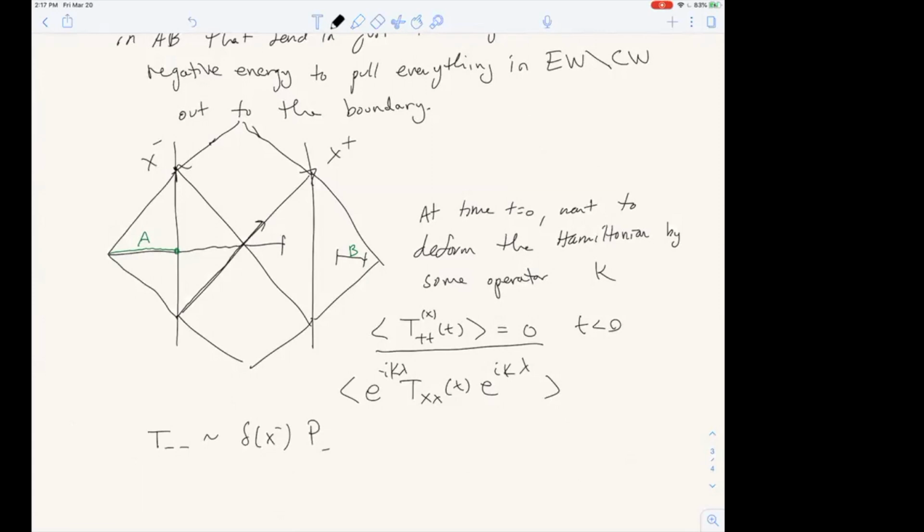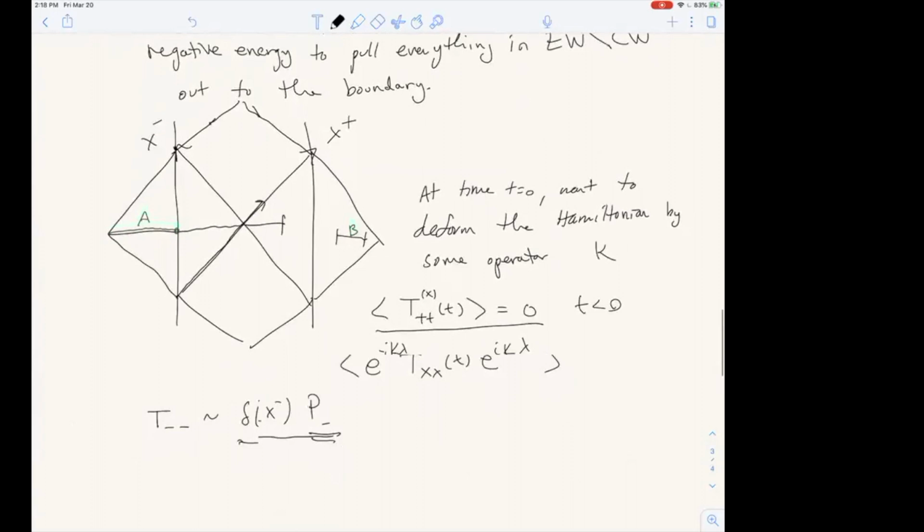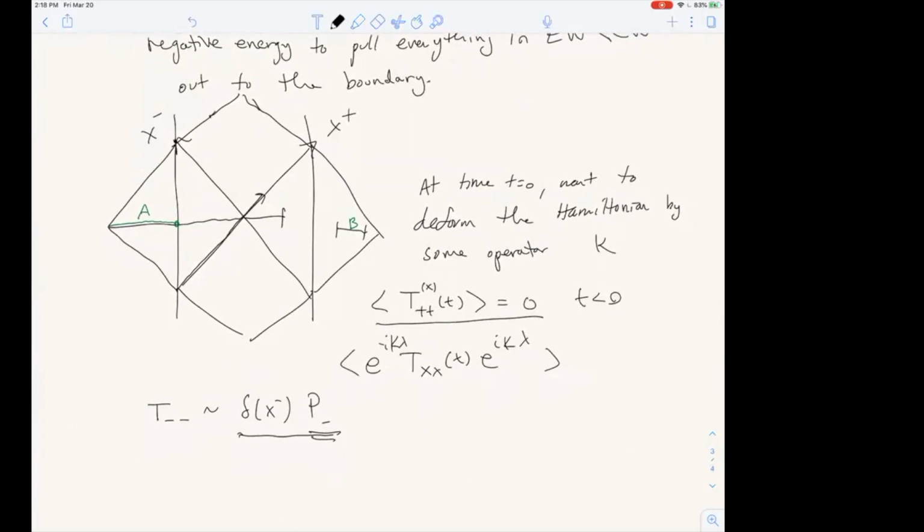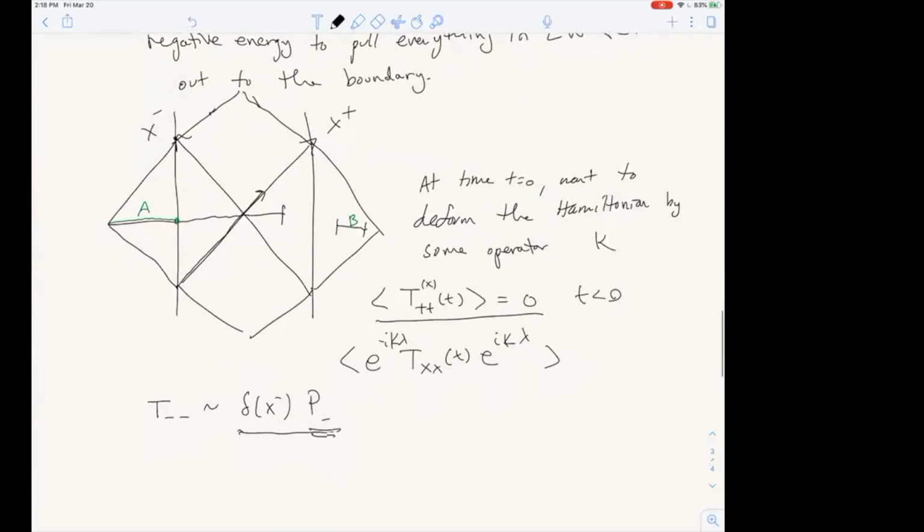Okay. If I could construct such a thing, and if I can make p minus large enough, then I claim victory. And so what is the size of p minus that one needs to do this? Well, one way of seeing that is to actually try to figure out what the dilaton is doing in this region, right? So in the x minus direction, the dilaton obeys an equation like this.